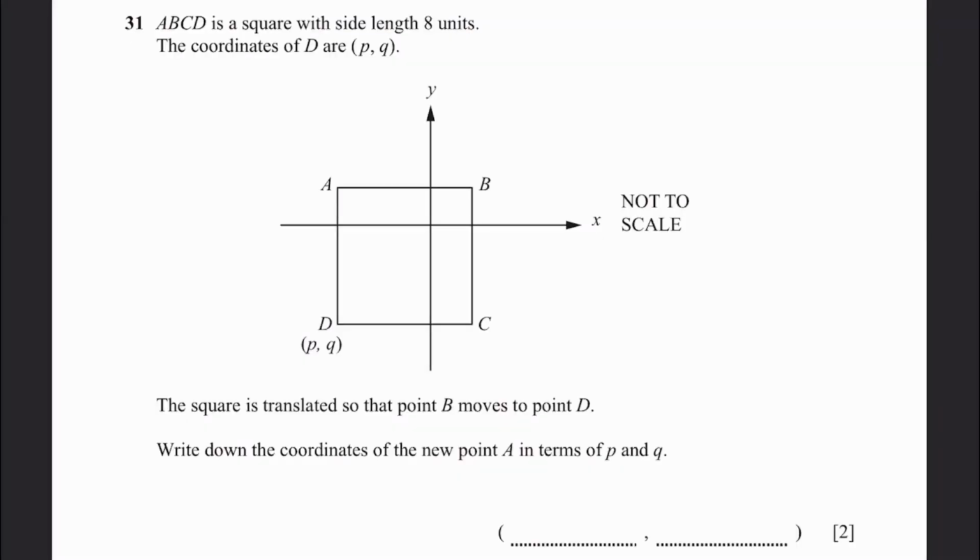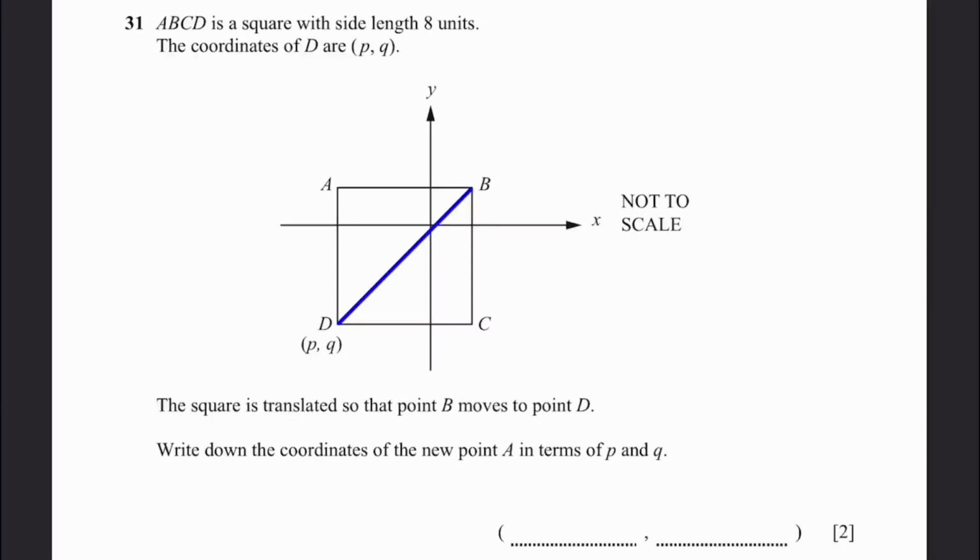Question 31. ABCD is a square with side length 8 units. The coordinates of D are P, Q. The square is translated so that point B moves to point D. Write down the new coordinates of the point A in terms of P and Q. If point B moves to point D, it moves like this. 8 units left and 8 units down because the side length is 8 units.